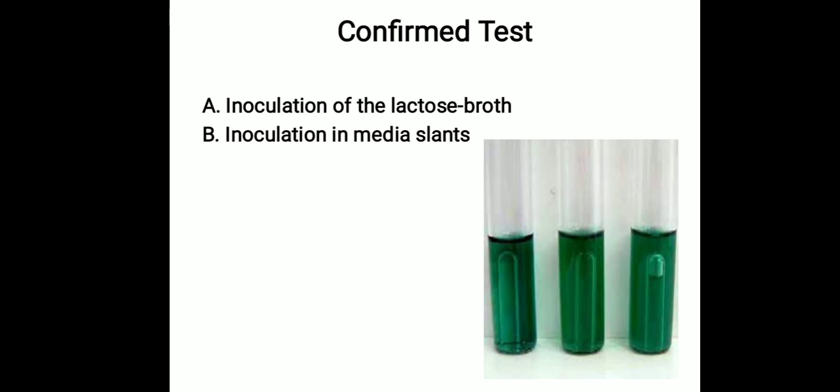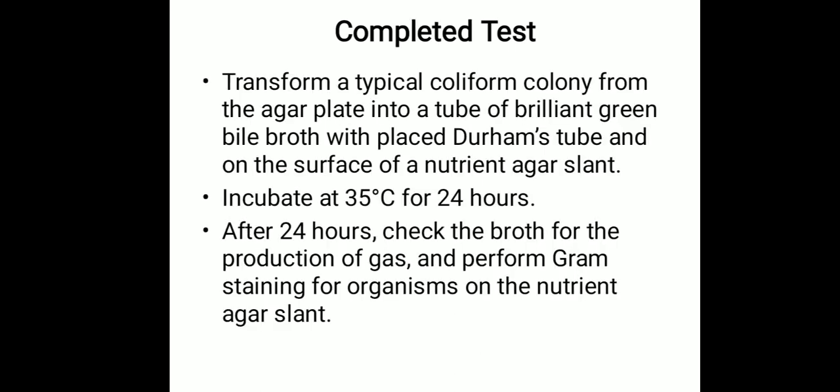Next, the completed test. In case the result is positive, how will you know? You will know by the presence of gas in the brilliant green bile broth tube and gram-negative non-spore-forming rods on nutrient agar slant, which constitutes a positive completed test for the presence of coliform bacteria, which in turn infers possible contamination of the water sample with fecal matter.